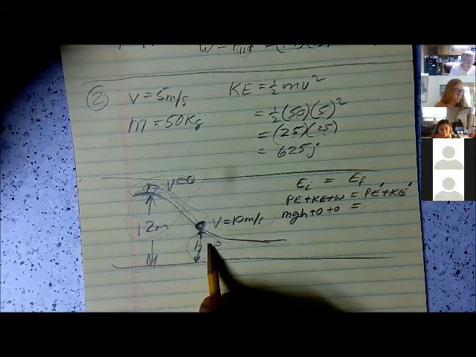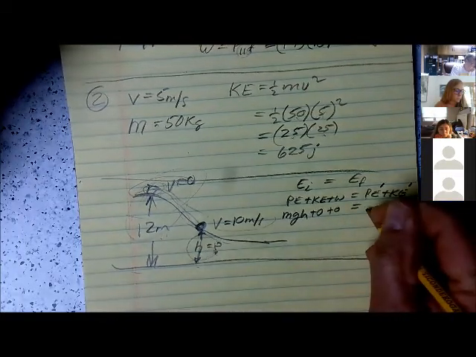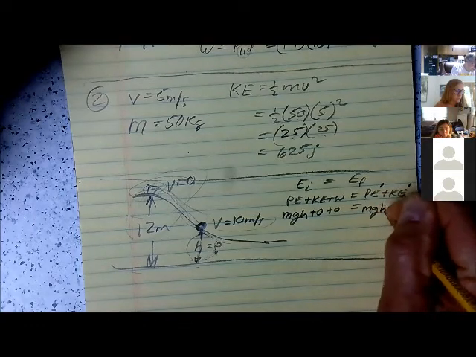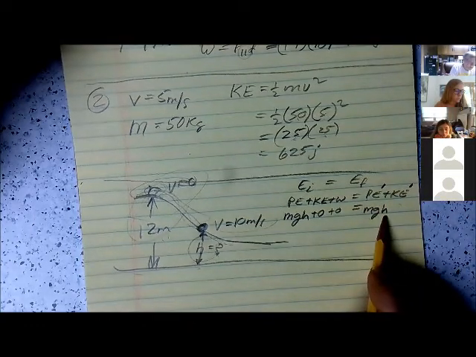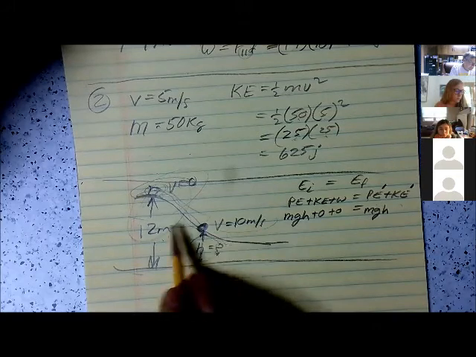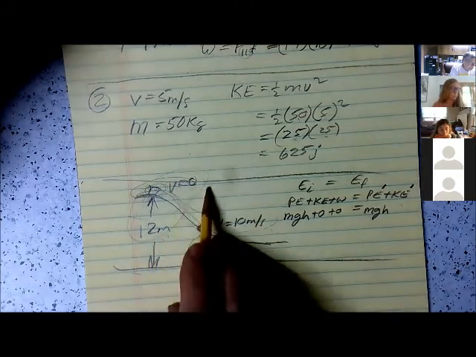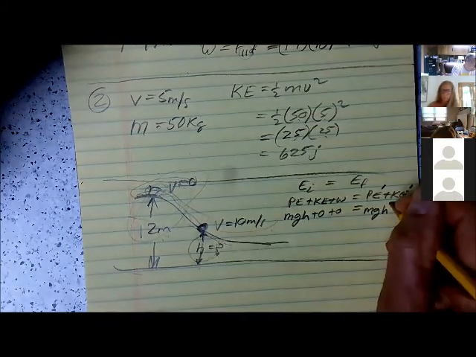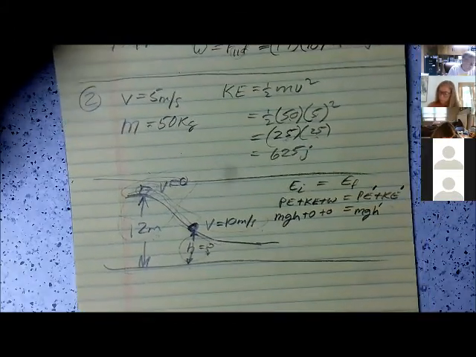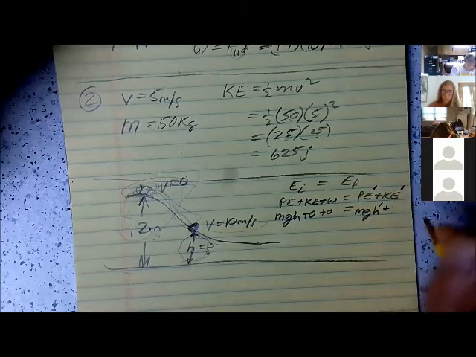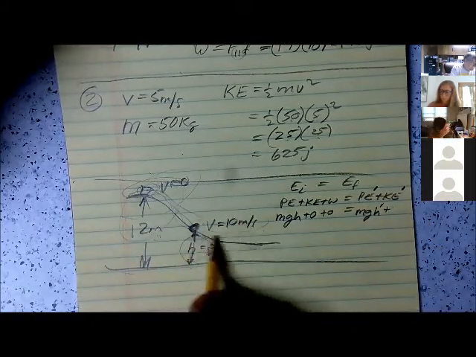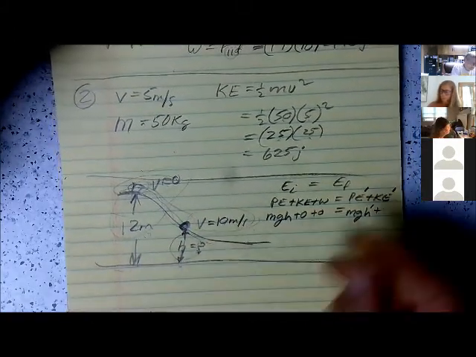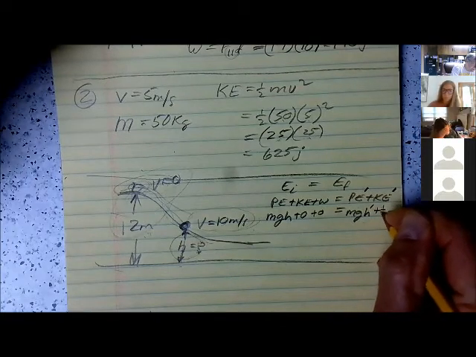The height could be 0, but we don't know that yet, so we have to write in mgh. But this h is going to be different than this h, because the speeds are different. So once again, I'll just use the prime. Plus the kinetic energy. We know we have kinetic energy because we have speed. So I write down 1/2 mv squared.